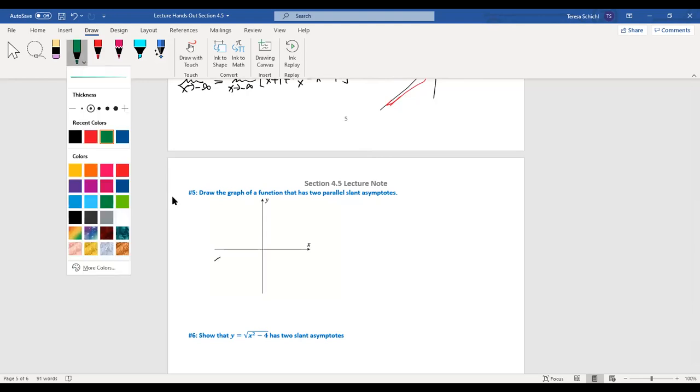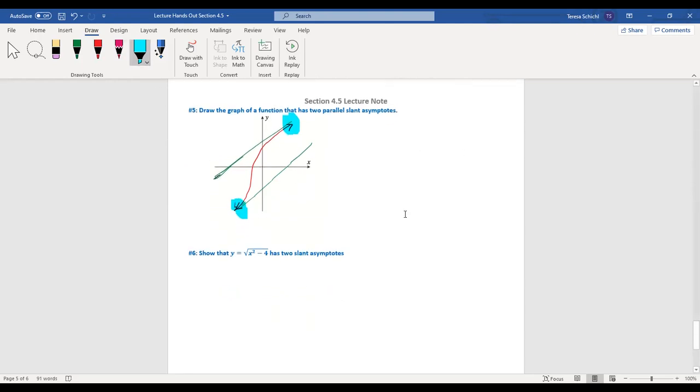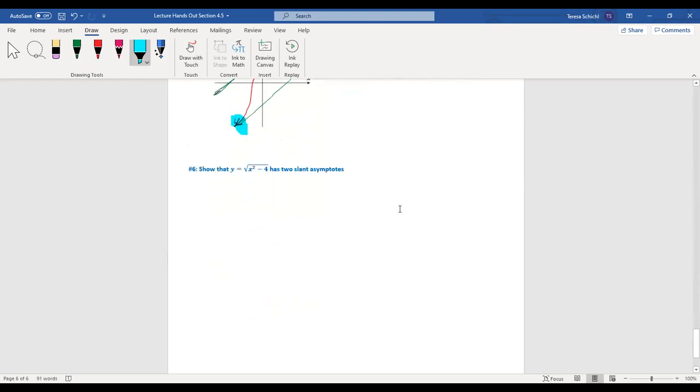If this is one of my asymptotes and the other one is here, can I find a function? Yes, I can do something like this and go like this. So when x approaches positive infinity, the graph goes to one end, getting closer to it, and when x goes to negative infinity, it goes to this other end. So you can find two slant asymptotes that are parallel to each other.